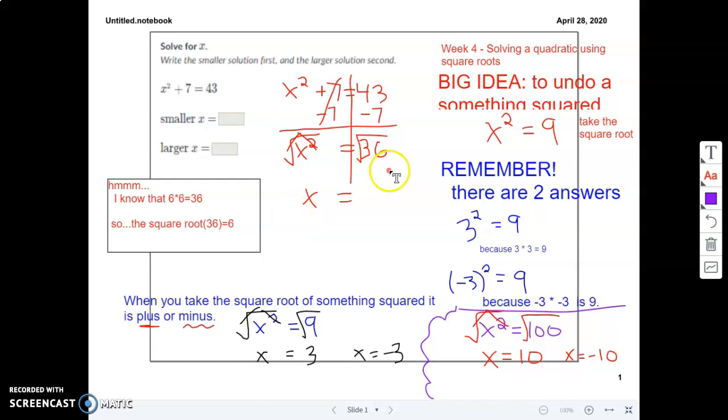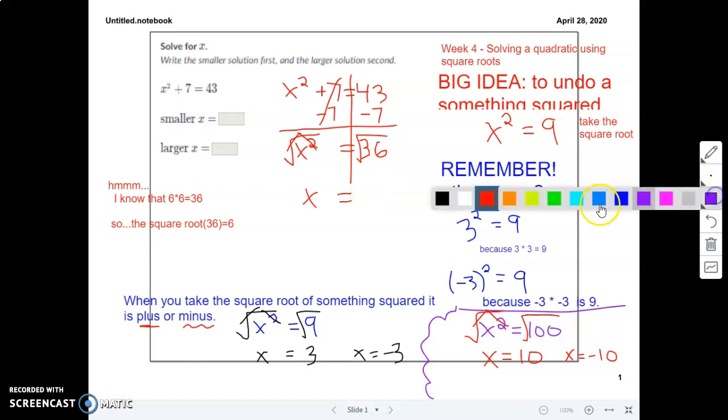So x is equal to 6 as one answer, and x is equal to negative 6 is the other answer. So your smaller answer here would be negative 6, and your larger answer here would be 6.